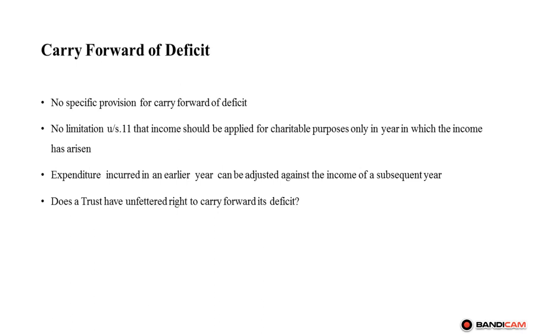Okay, so it can be applied in a subsequent year also. Expenditure incurred in an earlier year can be adjusted against the income of a subsequent year. Does a trust have an unfettered right to carry forward its deficit?